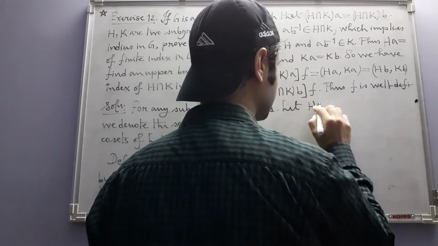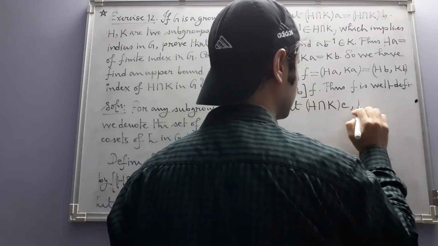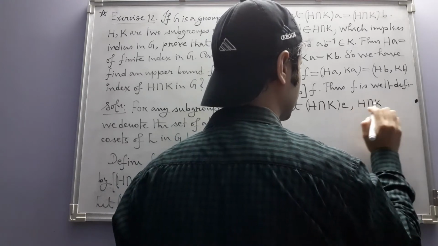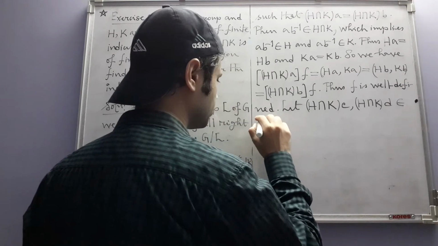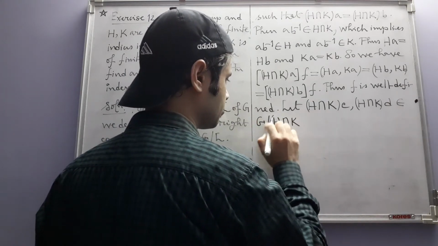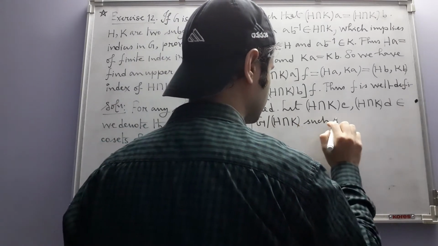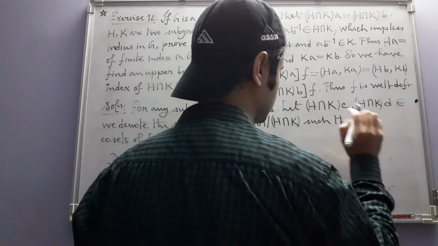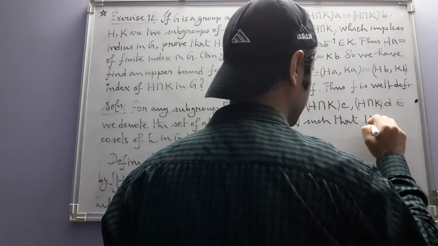So let us take something else this time. H intersection K C, H intersection K D belong to this, such that their F images are equal.